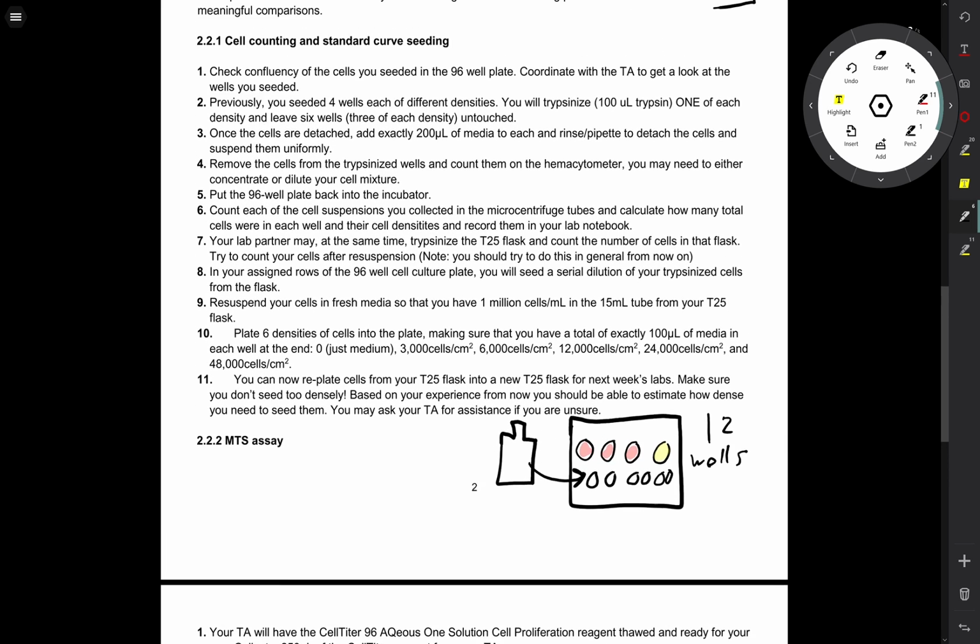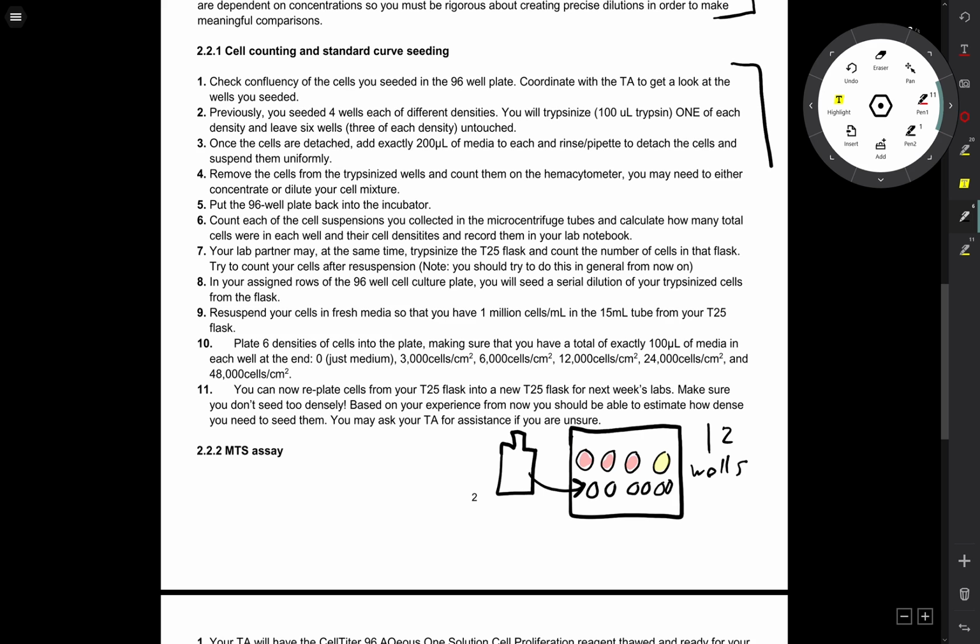I believe this procedure is pretty straightforward. One thing I want to point out is that after you've trypsinized the cells and deactivated the trypsin with your 200 microliters of media in step 3, you can just directly take that 300 microliter solution and put 10 microliters of it into your hemocytometer.